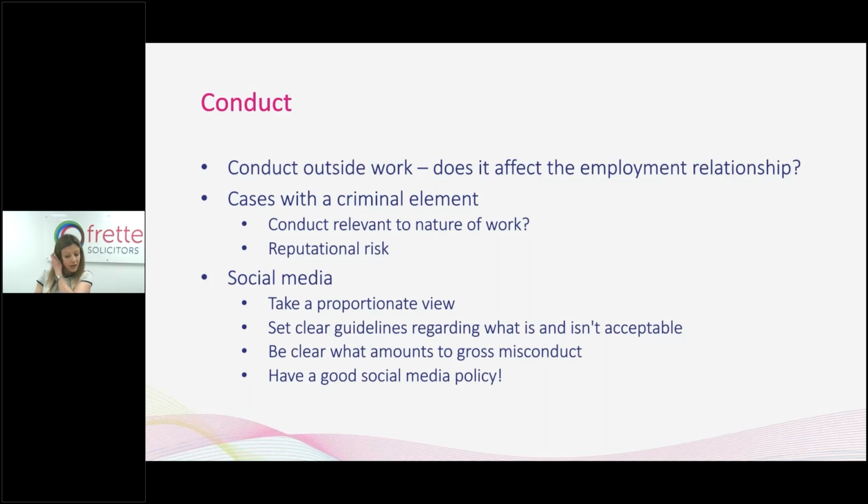So if we are looking at dismissing or disciplining an employee who is subject to criminal investigation, charge or prosecution, there are some points set out in the ACAS guide which are useful, which I will run through now. So firstly, the guide says that we should consider whether the conduct is sufficiently serious to warrant disciplinary action being taken, and off-duty conduct which has no bearing at all on the employment relationship is unlikely to meet that threshold.